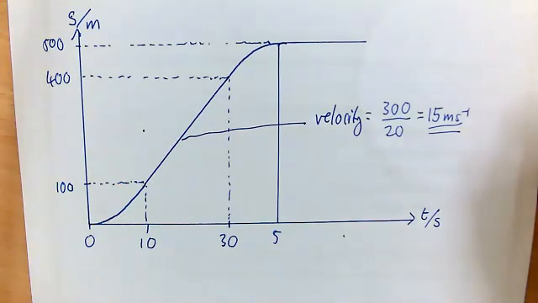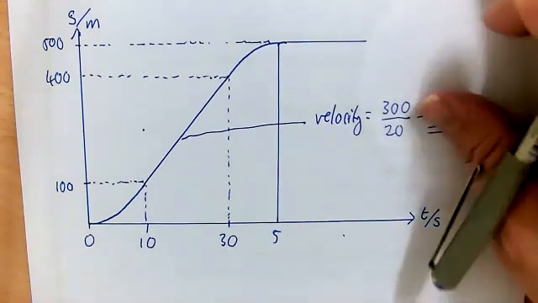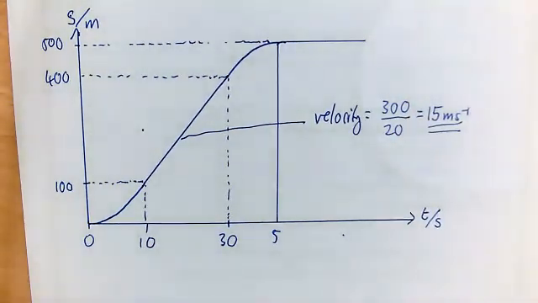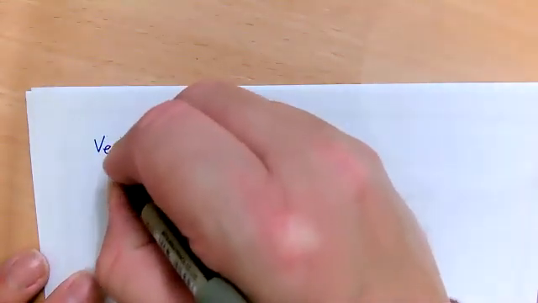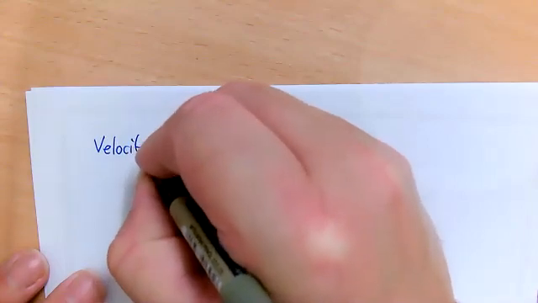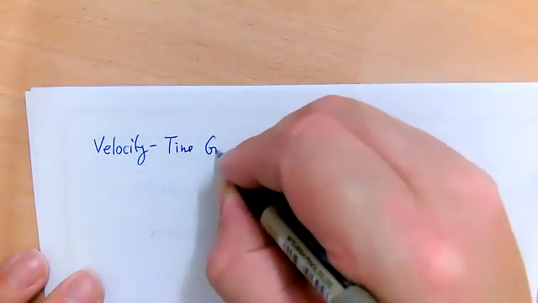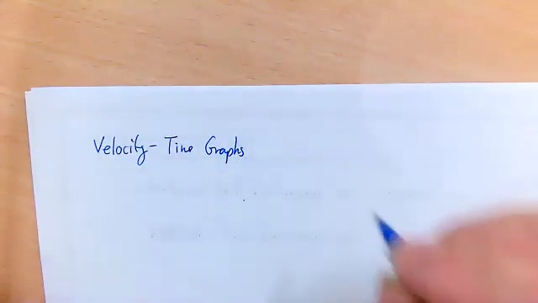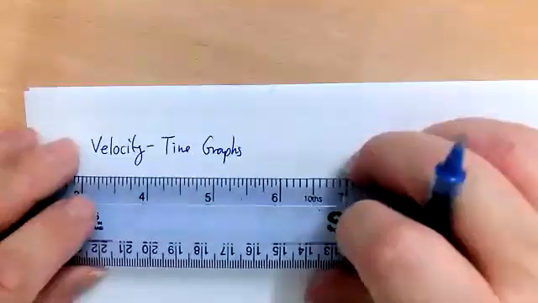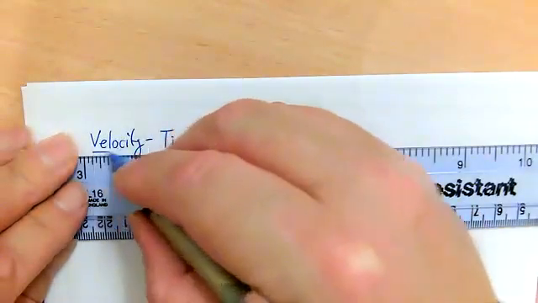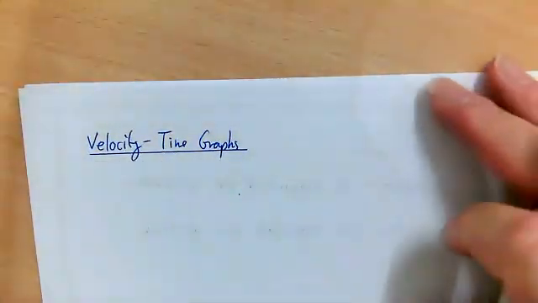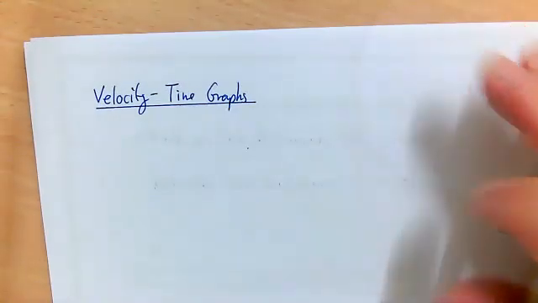I think the thing that people get very confused with, they mix these up with the next part of my lesson, which is velocity time graphs. Okay. Now with velocity time graphs, again, there are 2 rules here to know, okay?